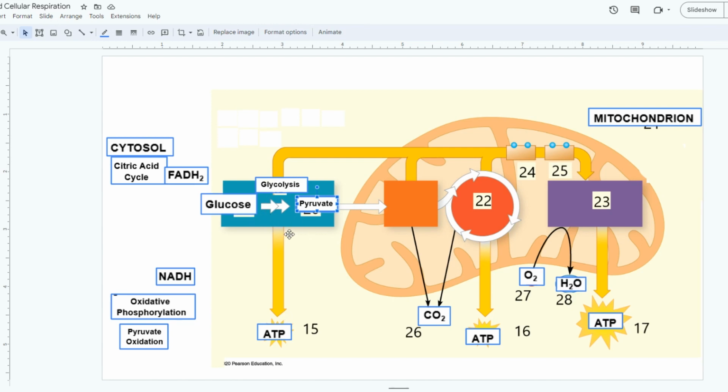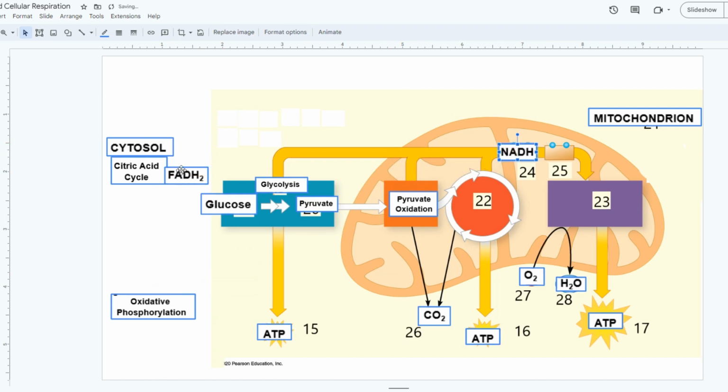And the way they do this is the first step inside of the mitochondria. It processes the pyruvate, and the pyruvate is being oxidized, and as it does so, there are electrons that are being transferred over, that are being carried by NADH, just as before.